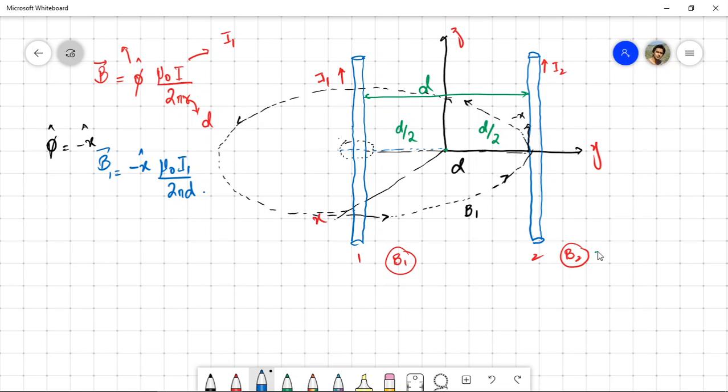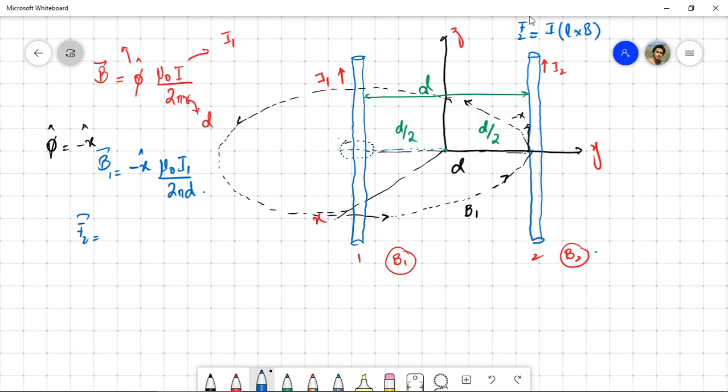What do we need to calculate? We need to calculate the force that is acting on this conductor due to this magnetic field. So we need to calculate the value of F2. Reflecting back to two lectures back, F was equal to I into L cross B. So this is F2 we're talking about.